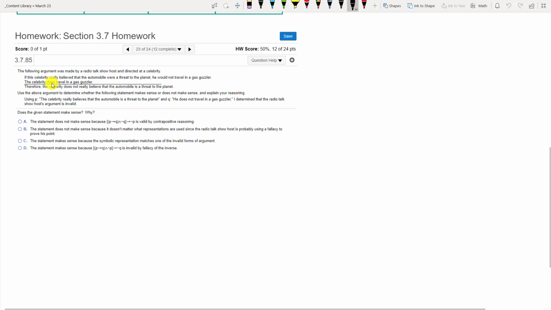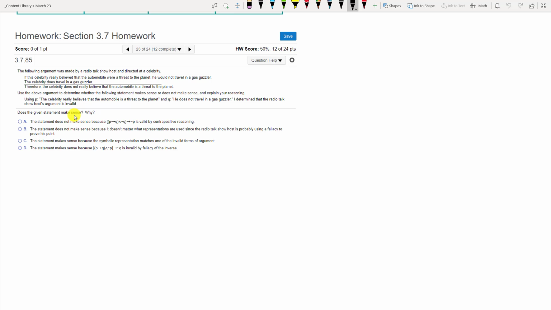It says, if this celebrity really believed that the automobile were a threat to the planet, he would not travel in a gas guzzler. And the celebrity does travel in a gas guzzler. Therefore, the celebrity does not really believe that the automobile is a threat to the planet. So we're going to use P as the celebrity really believes the automobile is a threat to the planet, and Q is he does not travel in a gas guzzler, to decide if this argument is valid.